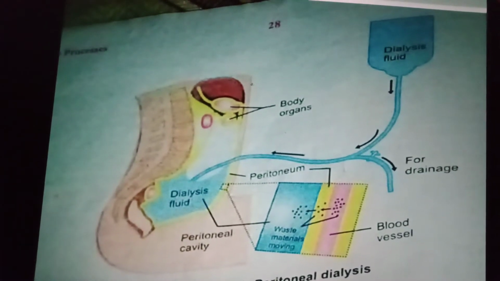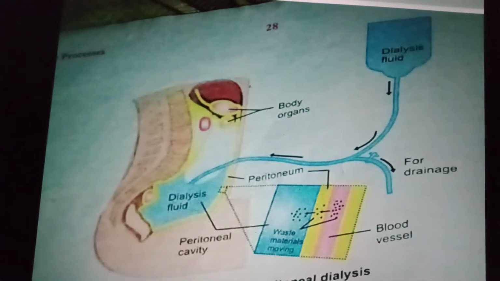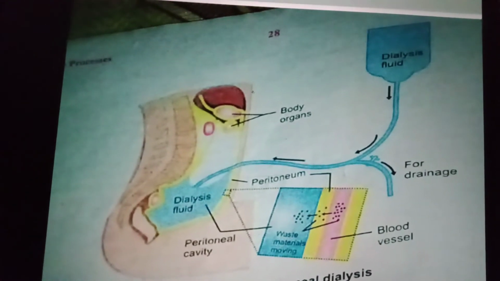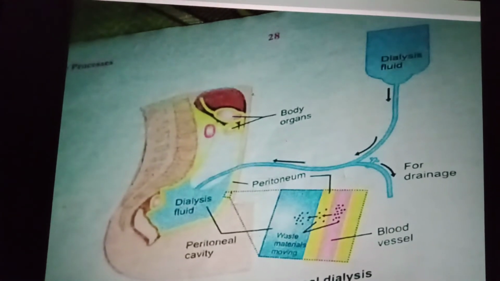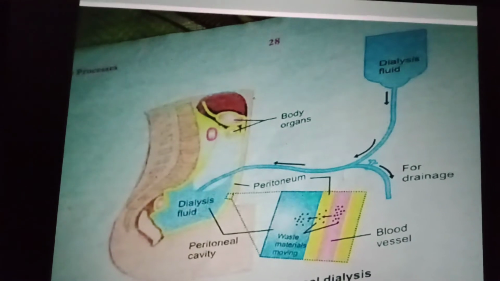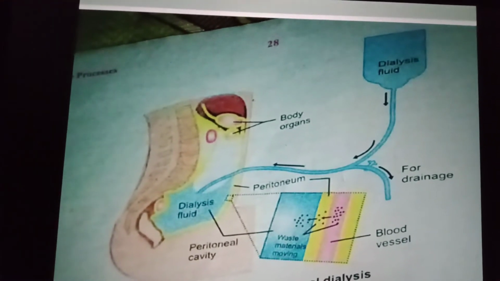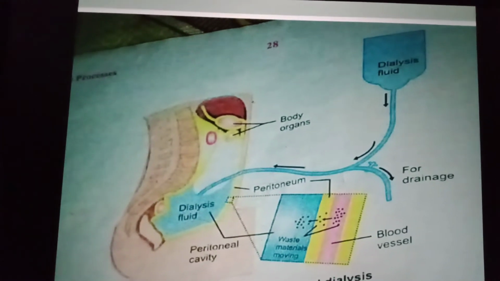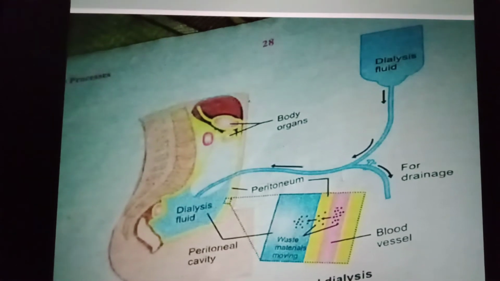You can watch that here is a dialysis fluid and it is connected to the peritoneum. That is, the dialysis fluid is pumped for a time into the peritoneal cavity, which is a space around the gut, and this cavity is lined by peritoneum. Peritoneum contains blood vessels.